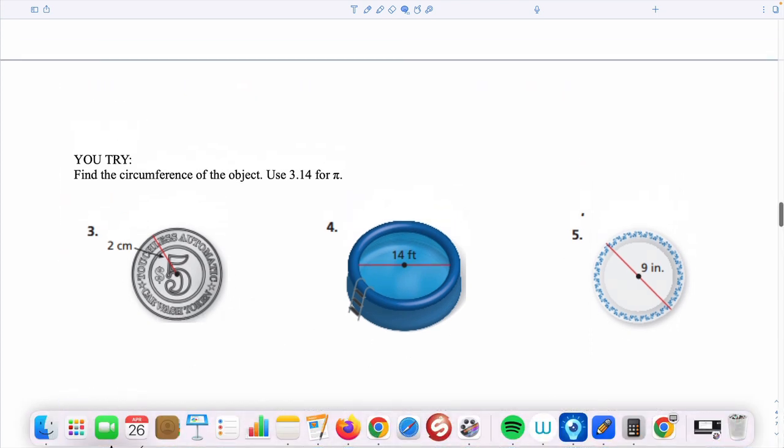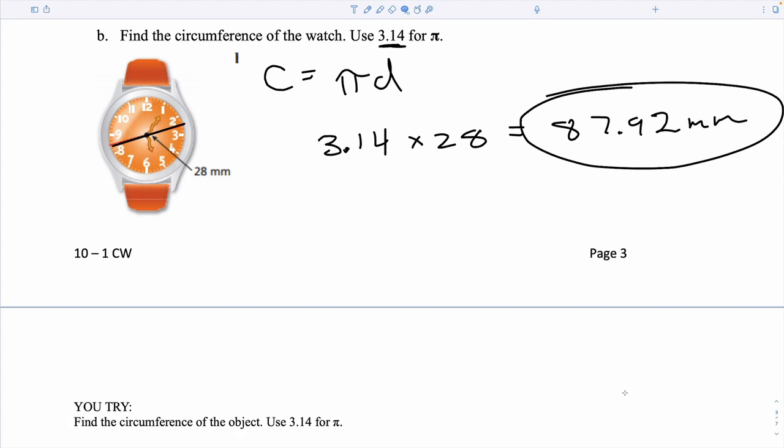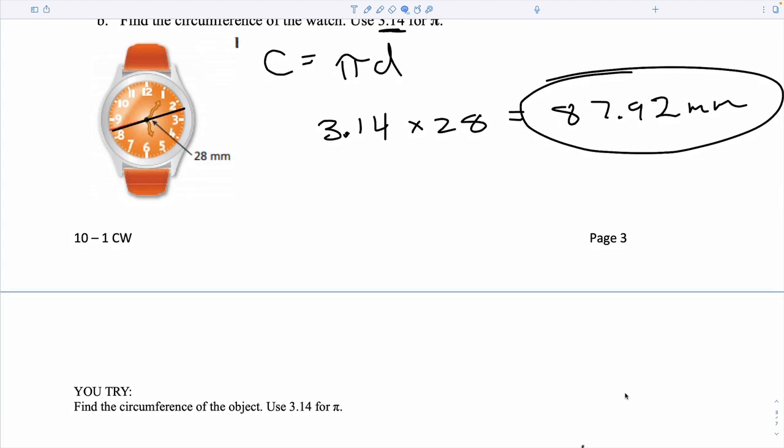I got 80. 87.92. 87.92 should work. 3.14 times 28. 87.92. If you used pi, you would get a different number.